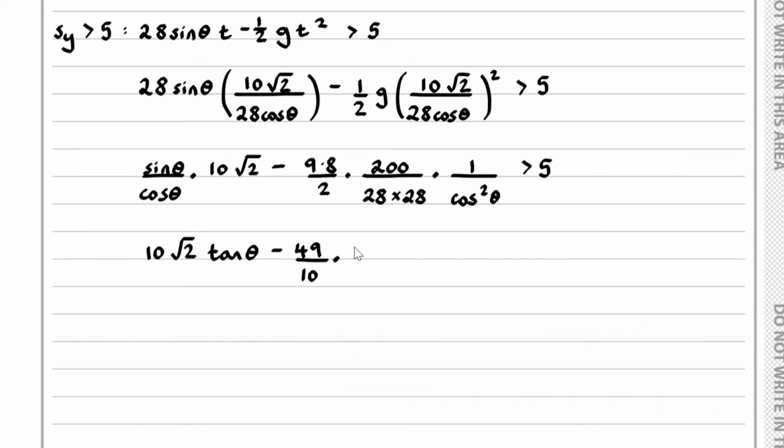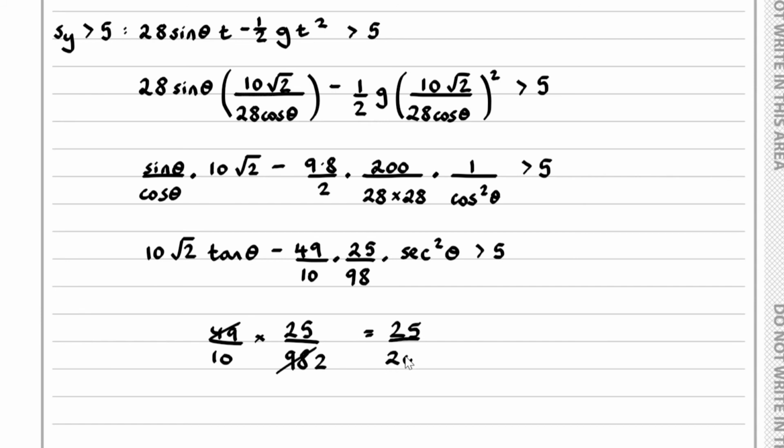So we have 25 over 98, and I'm going to multiply this by sec squared theta. The result is greater than 5. Now let's see what we can simplify here. Now the 49 over 10 times 25 over 98, this cancels with this twice, so I'm left with 25 over 20, which would simplify to 5 over 4.